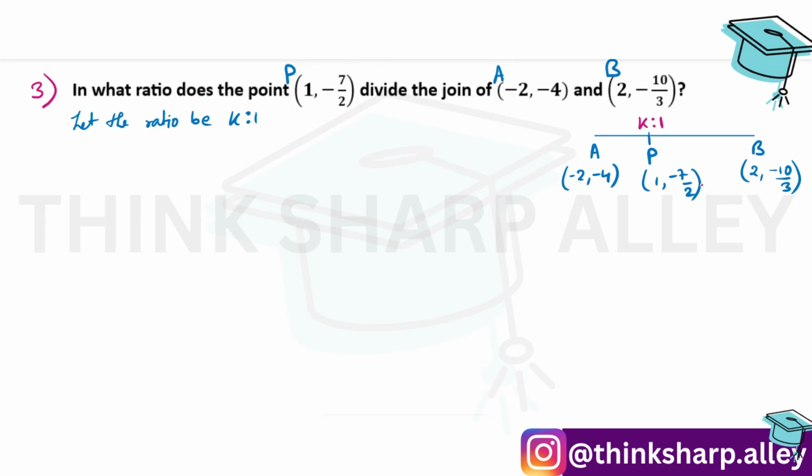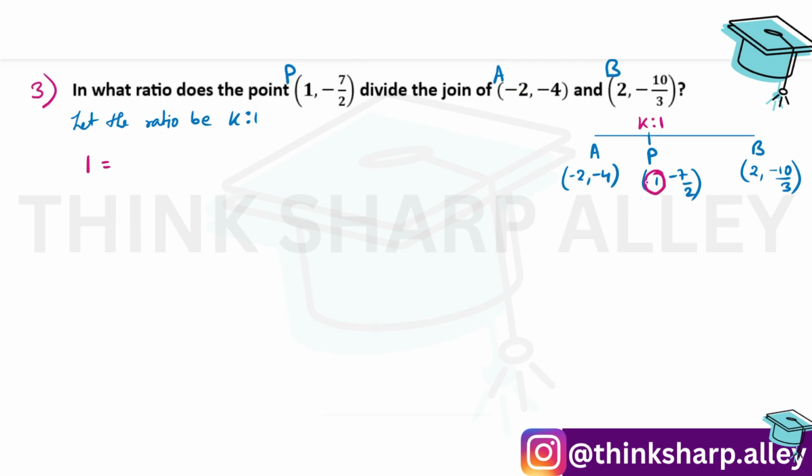Now, we will use section formula in the same way. So here, let us work with the x coordinate. 1 is equal to the x coordinate, simply because the number is simple, 1. Rather than taking the fraction minus 7 by 2, it's better that I work with x coordinate 1.